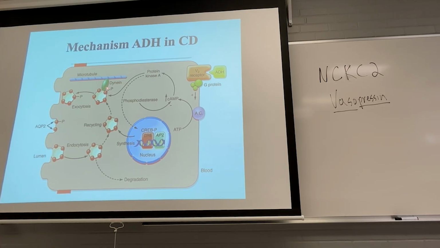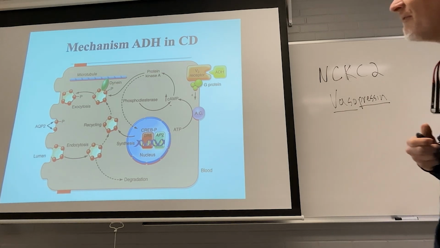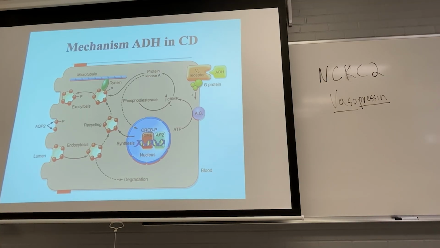So that dynein, which is a motor protein, if you remember, can bind now to the vesicle and walk it to the cell membrane. So as long as protein kinase A is active and I'm phosphorylating my membrane-bound vesicles that are heavy in aquaporin, then I can continue to insert aquaporin 2s into the apical membrane, and water will move from the filtrate through the cells and out into the blood.